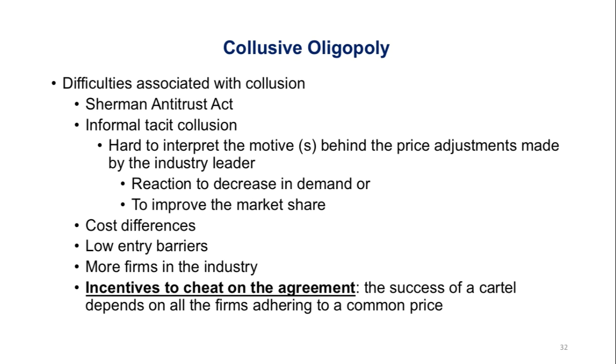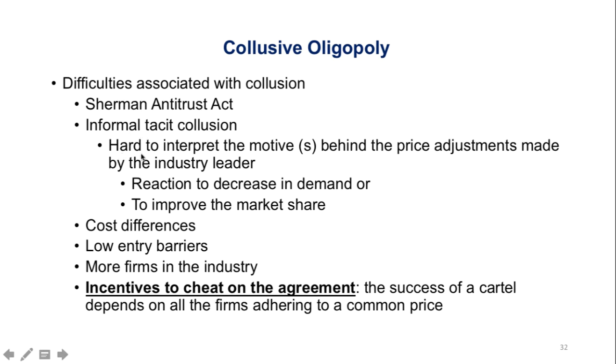Now, in the collusive oligopoly, the difficulties associated with this type of collusion are, first of all, that there is the Sherman Antitrust Act, which is always preventing firms from monopolizing the market. The other problem is with informal tacit collusion.